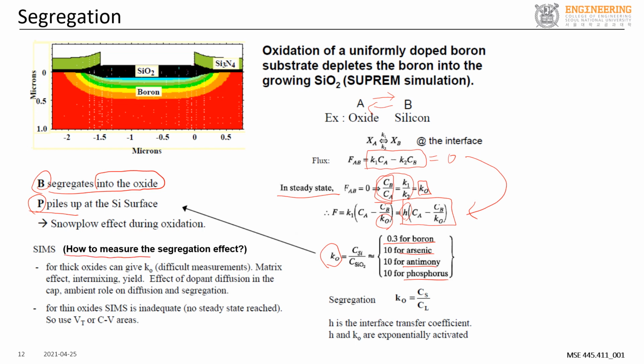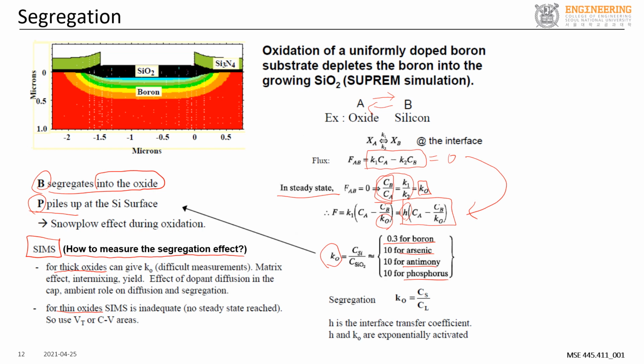So the next question is, can we actually measure the segregation effect? As we discussed before, if you use SIMS, you can measure the segregation, but the oxide has to be pretty thick because SIMS doesn't have a really good spatial resolution. If it's too thin, you are not sure whether the measurement data is from the oxide or from the oxide plus silicon.